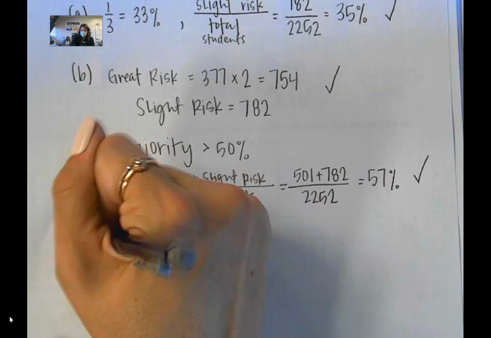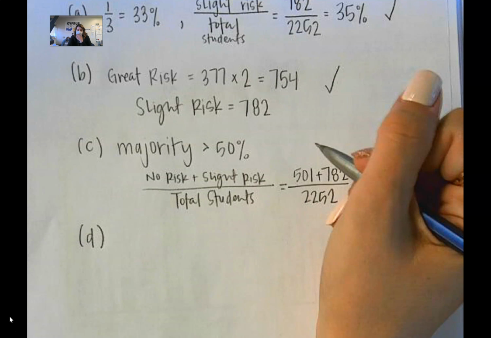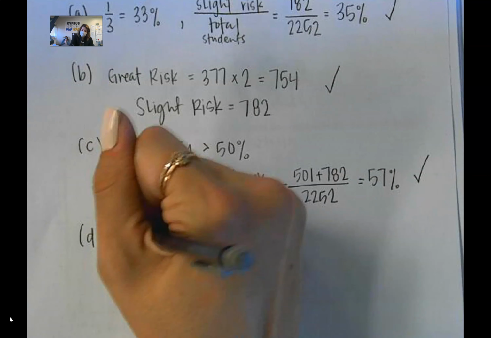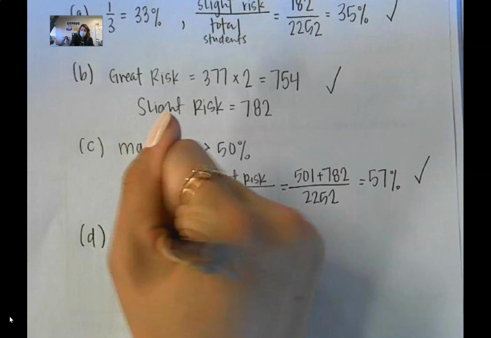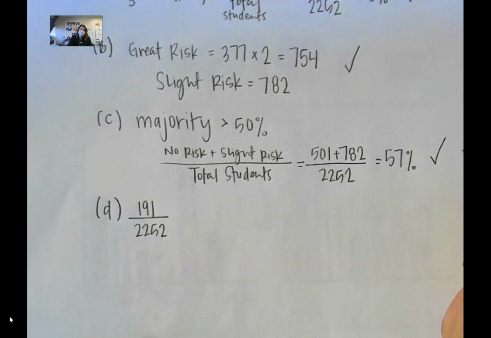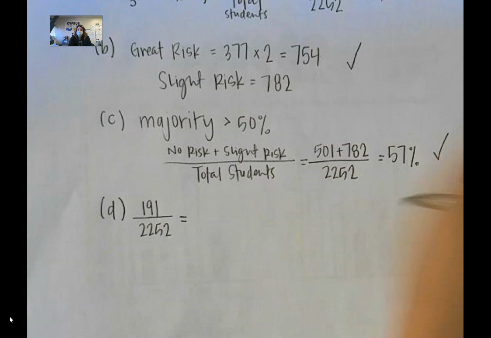Okay, D. Over 10% of students responded, can't say drug unfamiliar. So that would be 191 over 2252. Over 10% said can't say they're unfamiliar.